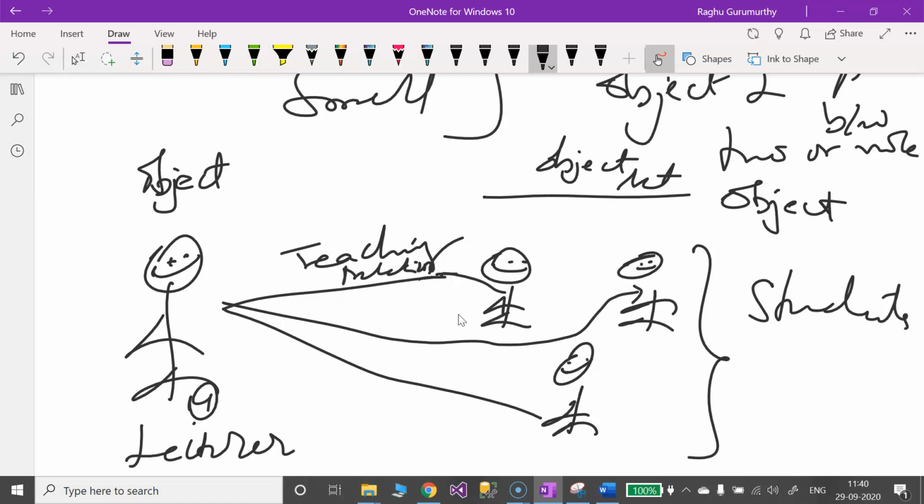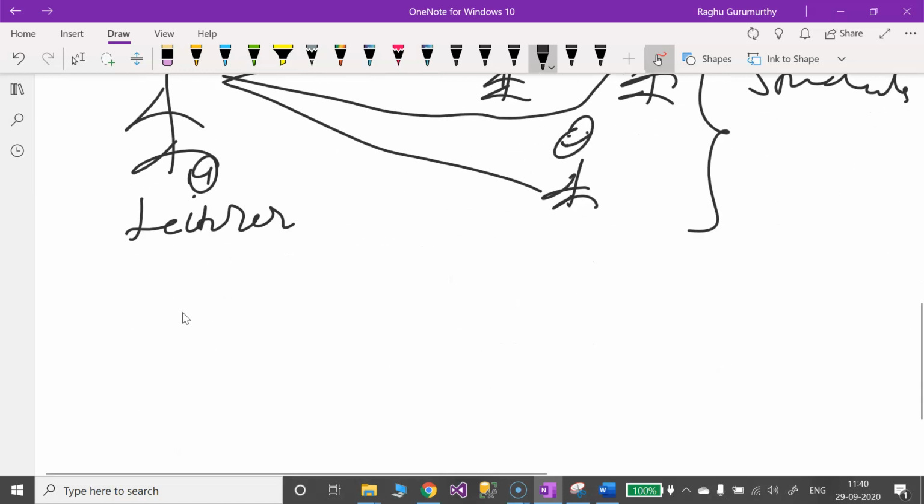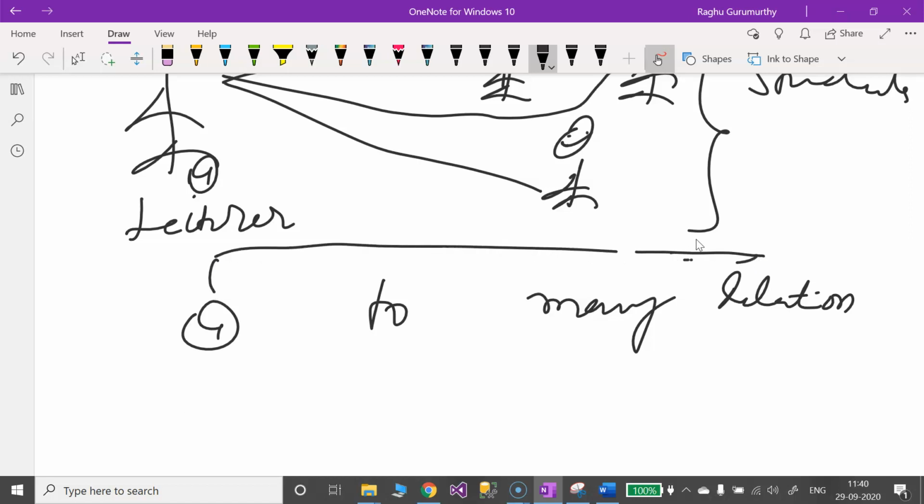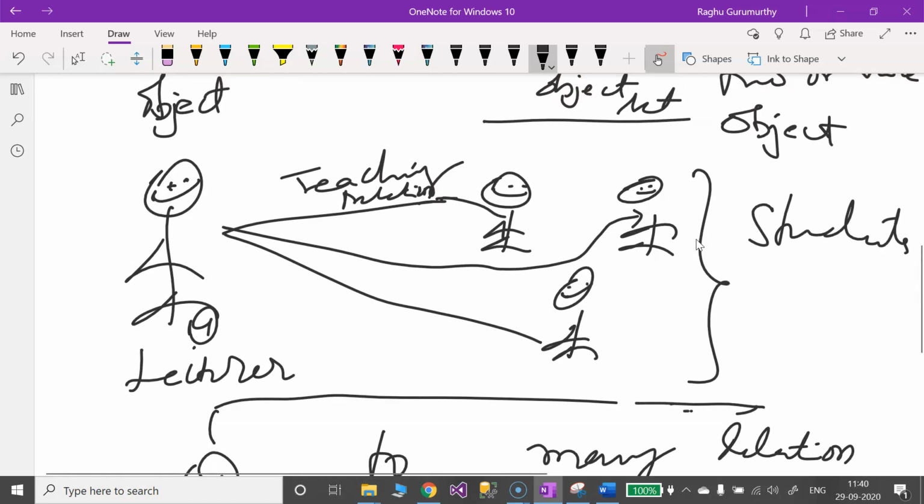Here the relationship is a one to many relationship. What does it mean? Look here. One lecturer teaches many students. That's it, nothing more than that. We are able to express this concept with respect to the entity relationship model.